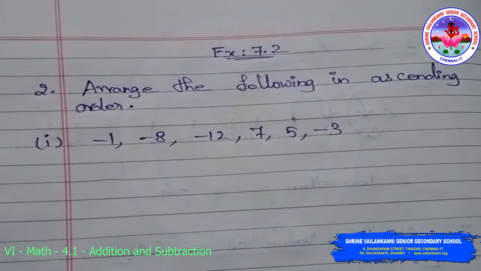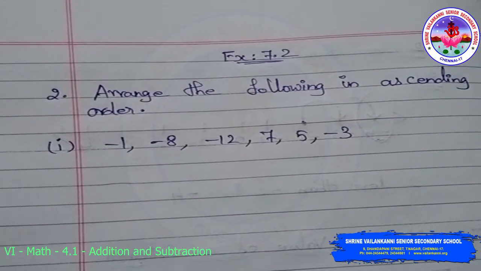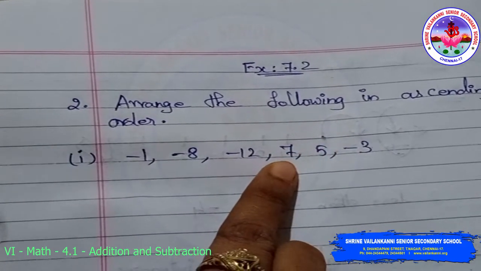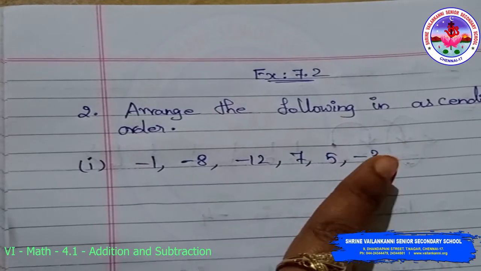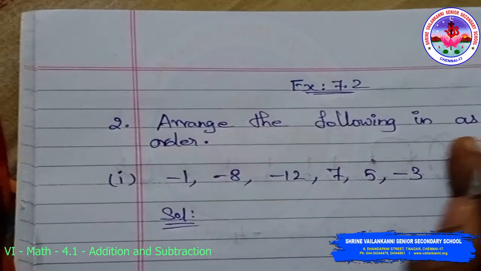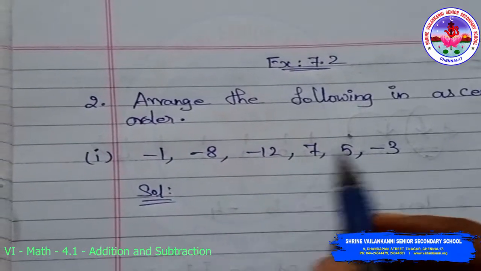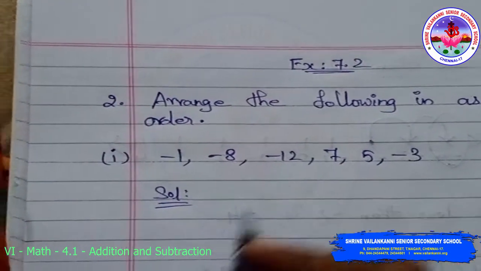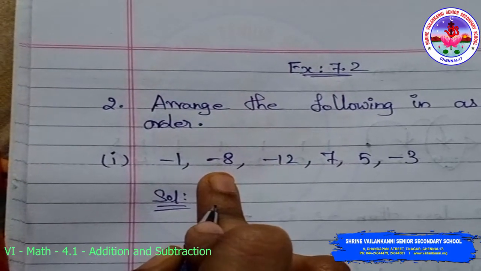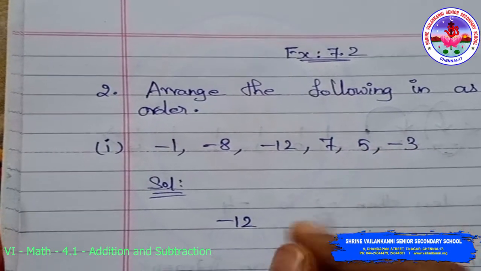Next, exercise 7.2, second question. Arrange the following in ascending order: negative 1, negative 8, negative 12, positive 7, positive 5, negative 3. Solution: the question asks for ascending order, that is smallest to largest number. The smallest one is negative 12, which is smaller than negative 8, negative 1, negative 3, positive 7 and positive 5. The first value is negative 12.